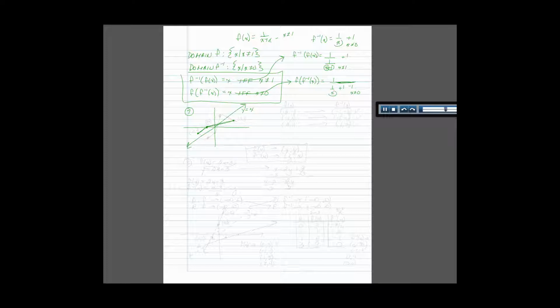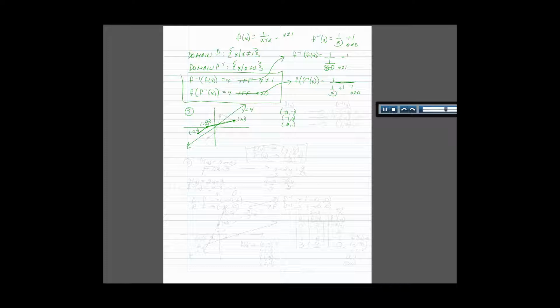This is the graph of f of x. And again, I'm going to label the points 2, 1, and then -1, 0, and -2, -1. So let's list those. We've got the points -2, -1, -1, 0, and the point 2, 1.